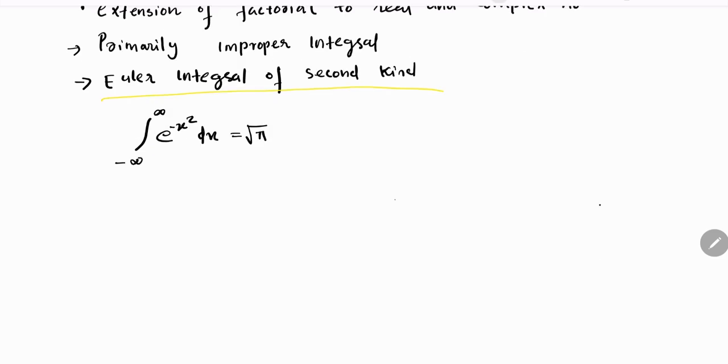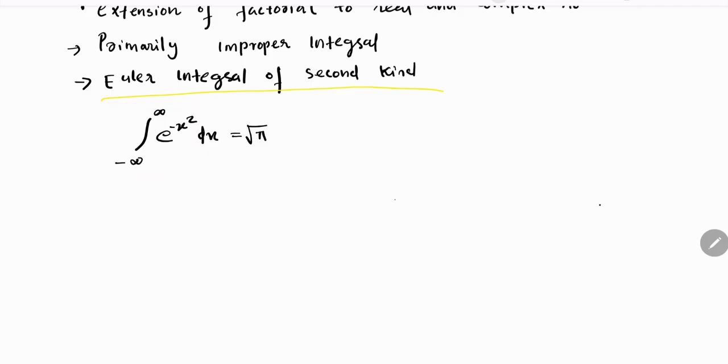Okay. So we can start with this standard integral: integral from minus infinity to infinity of e to the power minus x square dx equal to root pi. This is a standard integral. There is a proof, but the video would become very lengthy, so we are starting with this standard integral.